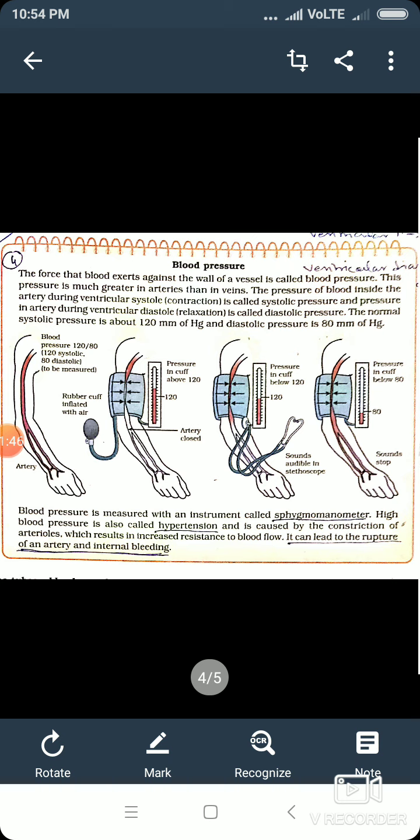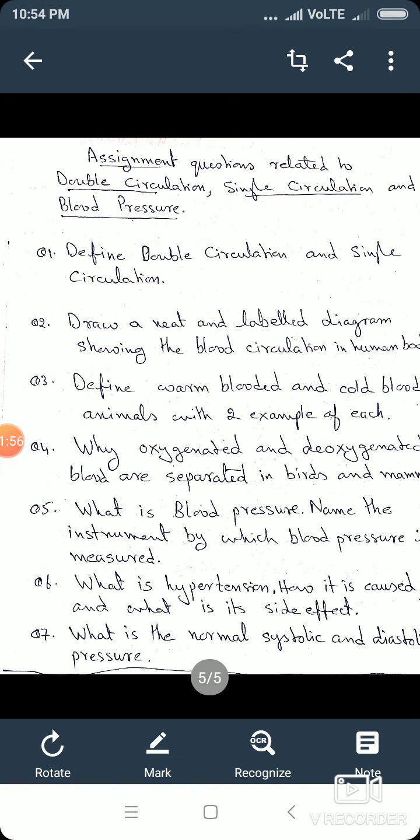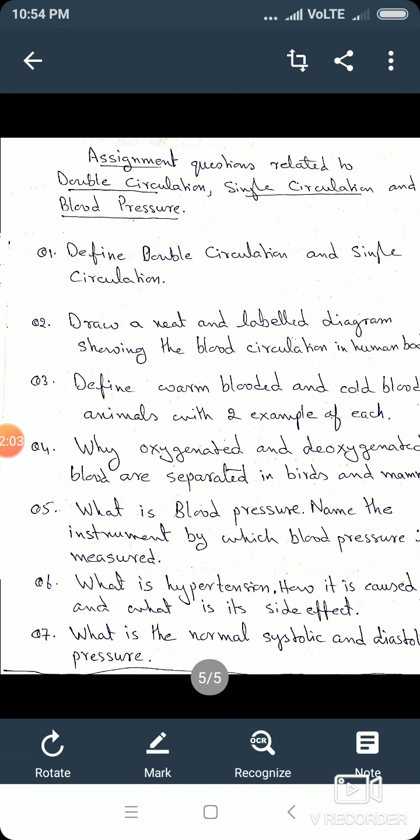So students, when next we meet, I will explain to you about transport in plants. But before that, there are some questions that you have to do in your copy.